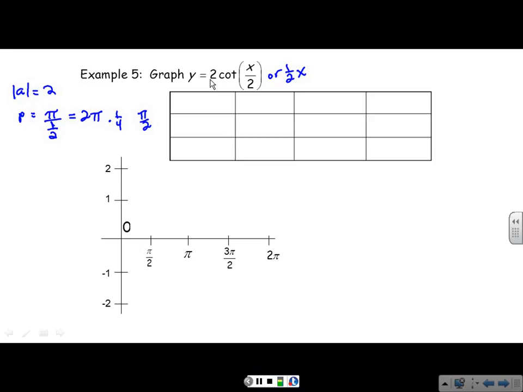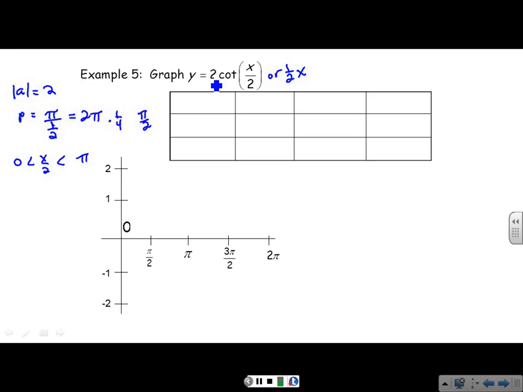Alright, so now we have to do our natural inequality to figure out where our asymptotes are. We're going to have 0 less than x over 2 less than pi. I don't know why I put equal to, because it can't be equal to, because it's an asymptote. So you're going to have 0 less than x over 2 less than pi.